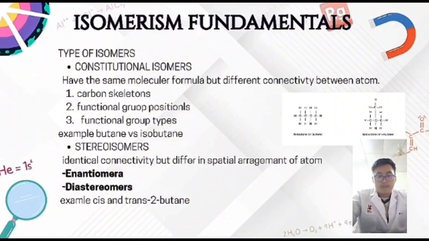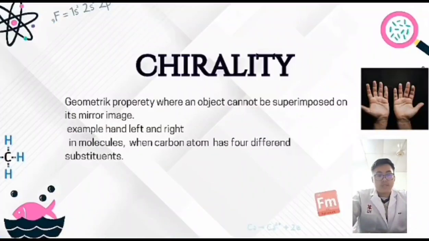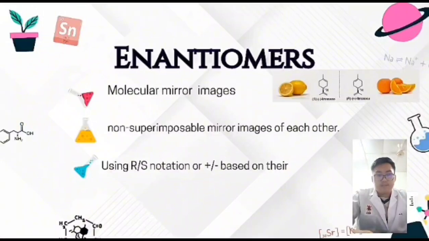For example, cis and trans-2-butene. Chirality is a property where an object cannot be superimposed on its mirror image, like left and right hands. The same image but not identical. In molecules, chirality exists when a carbon atom has four different substituents.